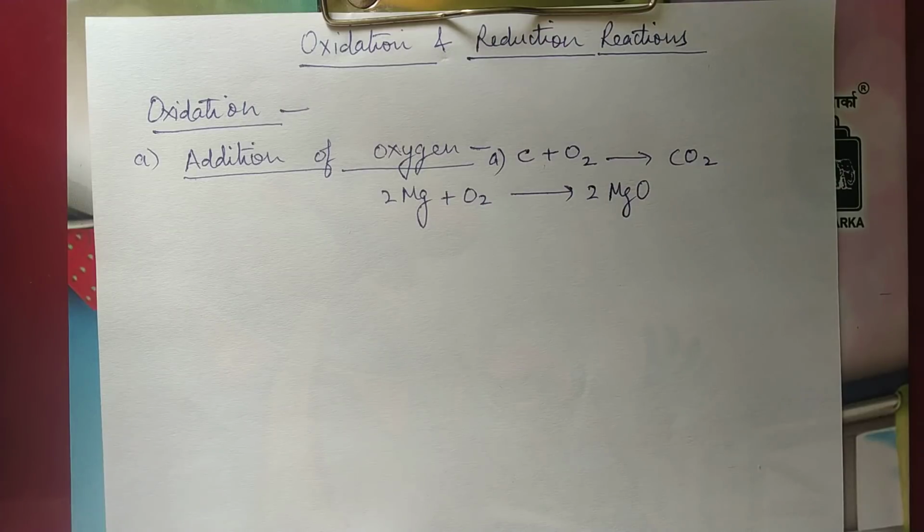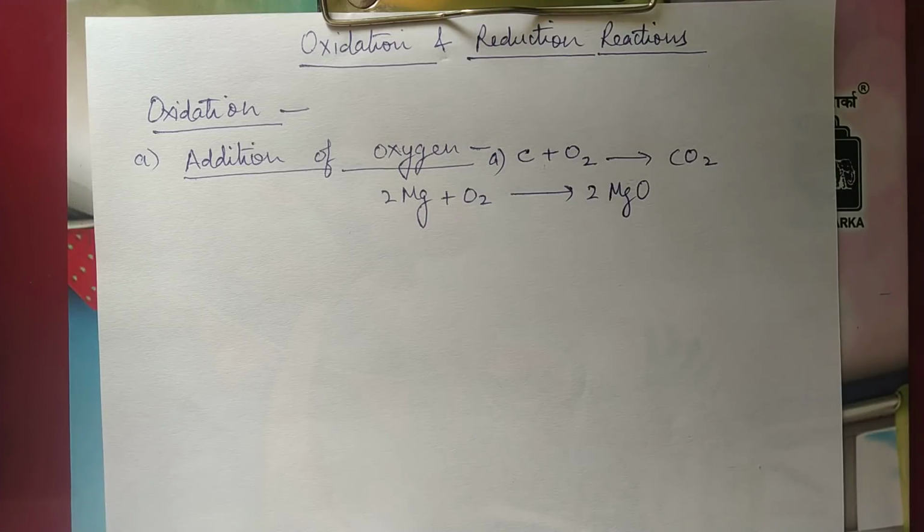Children, you must have studied these types of reactions, called oxidation and reduction, in your lower classes also, and I hope you know that addition of oxygen is called oxidation and removal of oxygen is called reduction. But these reactions do not involve just removal and addition of oxygen.